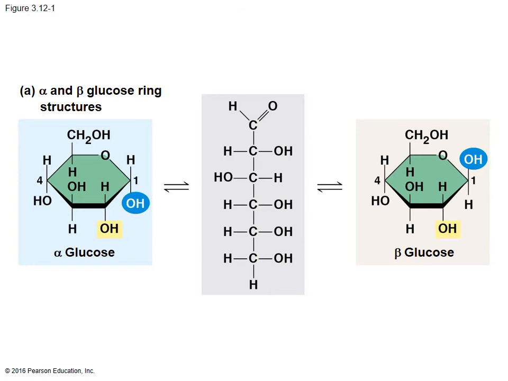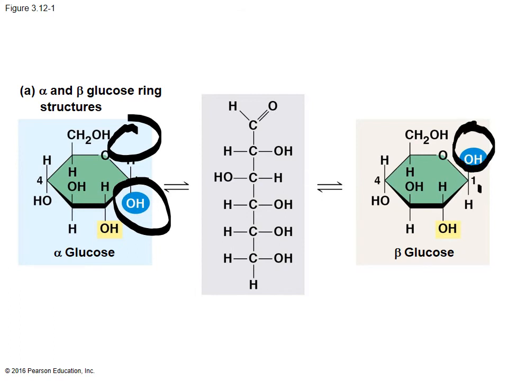Also, notice that there is a hydroxyl group here. So if you could imagine this being in 3D space, that OH is pointed down and the H is pointed up. Over here with the beta glucose, you see the opposite happening.